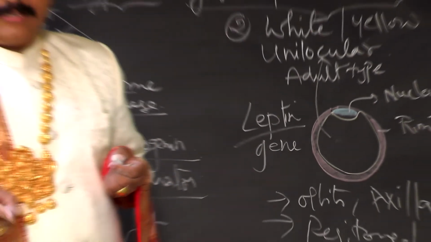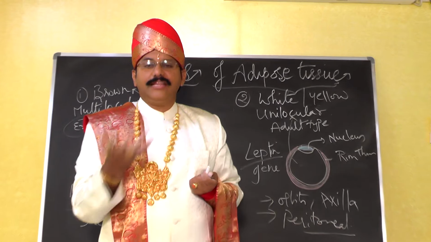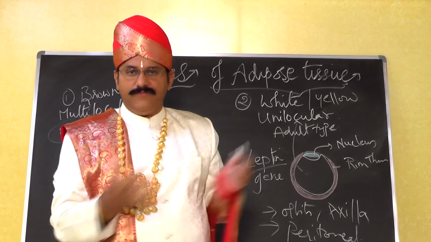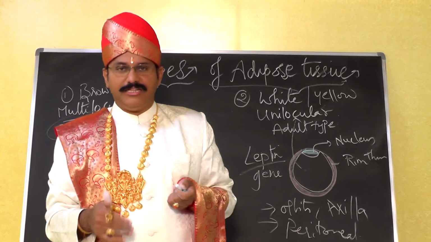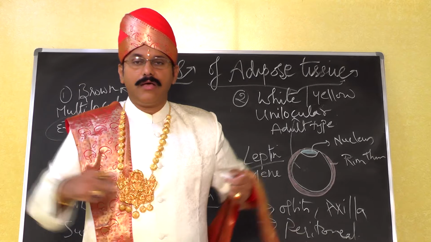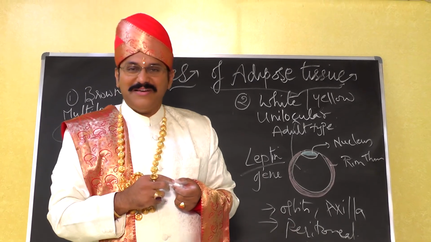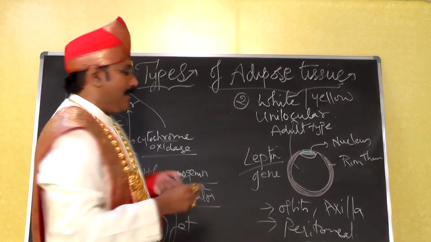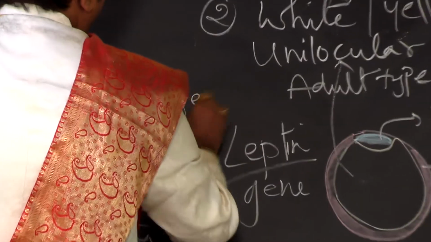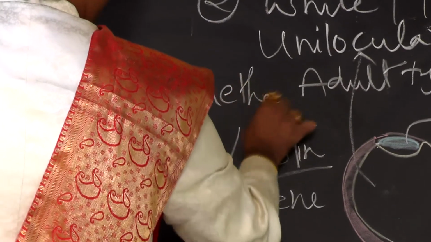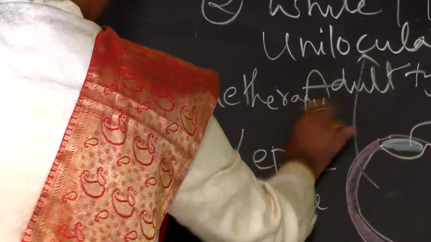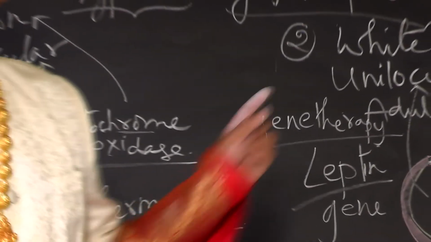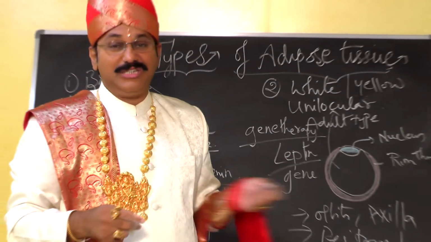If there is any defect in the leptin gene, or some deficiency or problem with the leptin hormone, then the person becomes obese. So if you want to treat obesity, maybe we have to take the help of gene therapy. The horizon is opening up for gene therapy.